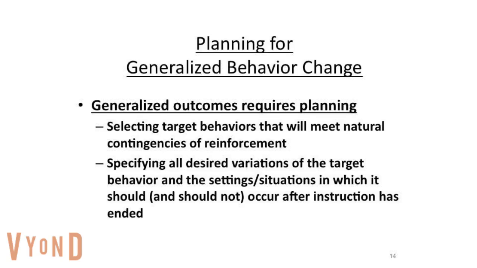You want to make sure you specify all the desired variations of the behavior and the settings or situations in which they will or maybe will not have to use that behavior once instruction has ended. If you're thinking about toileting skills, what could those different settings look like?